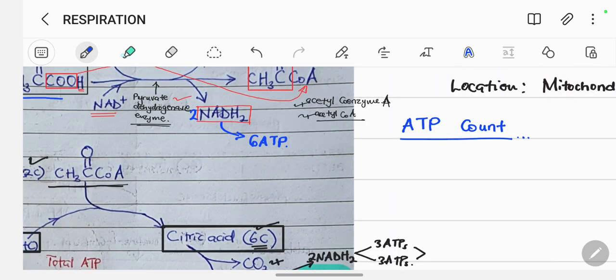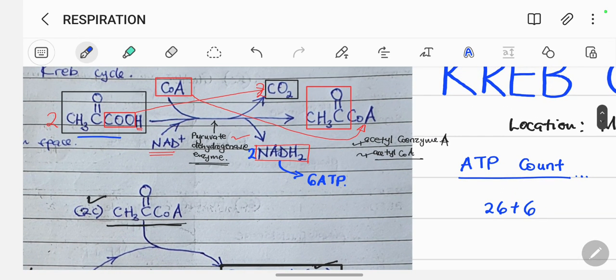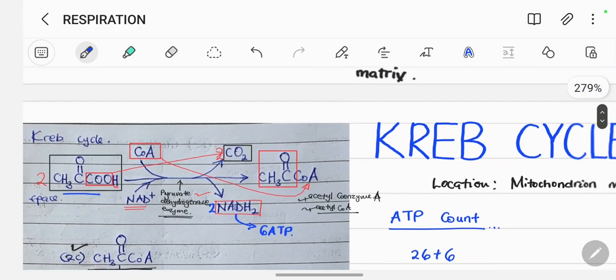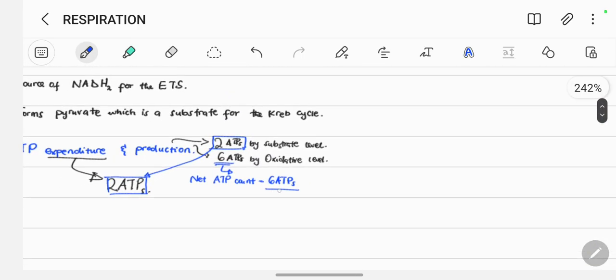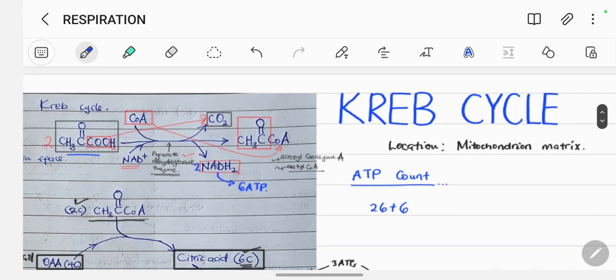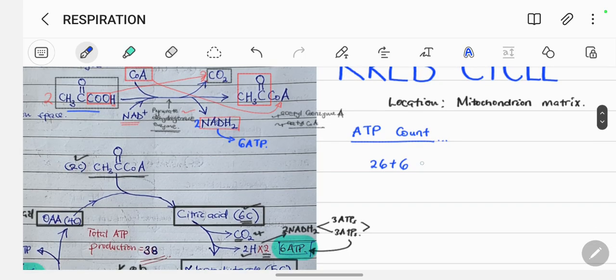So when we add on the 26 plus that 6, then remember that in glycolysis we came up with a net count of 6. So I'm going to add that 6 there. So this one gives us 30, gives us 32.